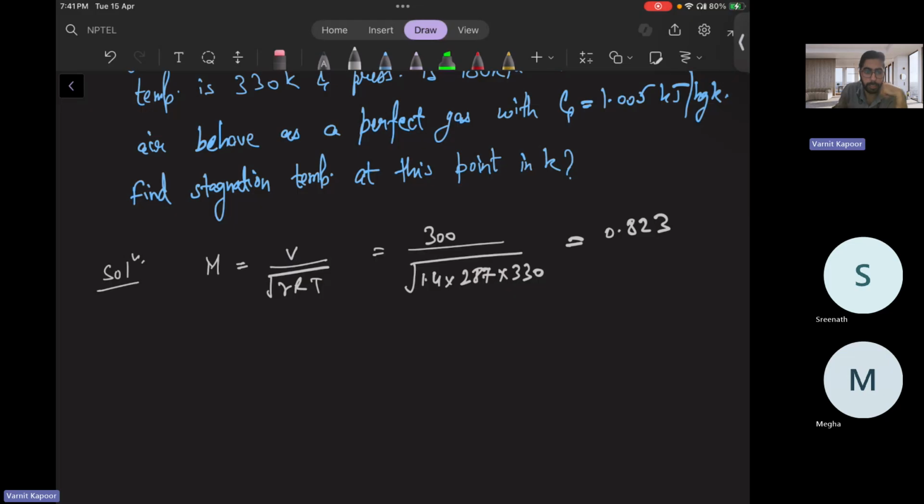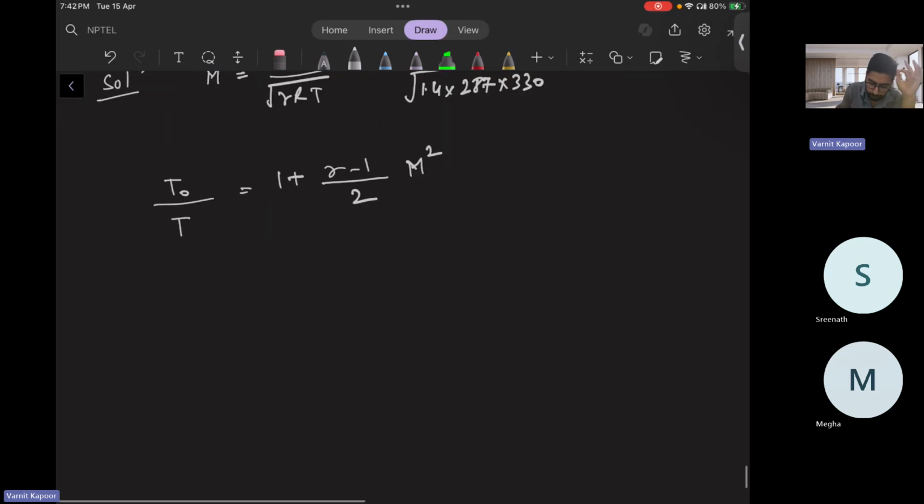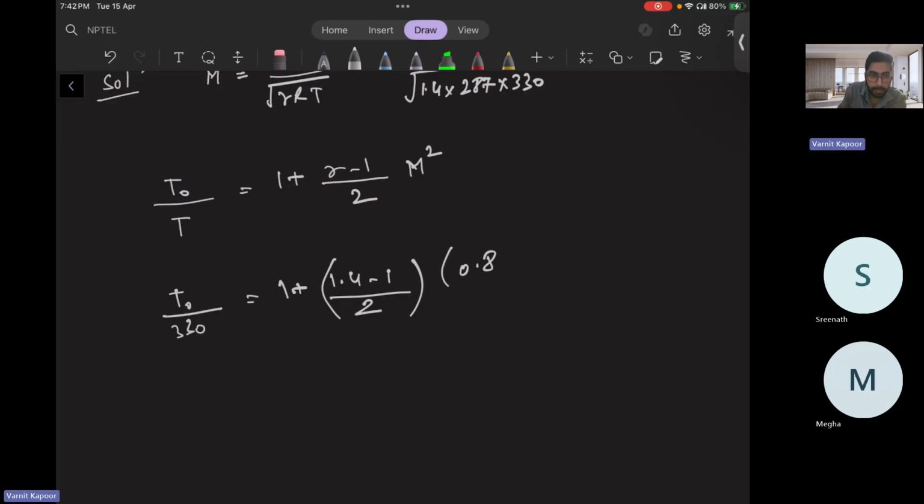Now, there is a relation between stagnation temperature and the initial temperature. Stagnation temperature T0 to that of T is equal to 1 plus gamma minus 1 by 2 Mach square. Remember this relation. Stagnation temperature you don't know. Initial temperature you know, 330 Kelvin. 1 plus gamma, 1.4 minus 1, by 2, Mach number 0.823 square.